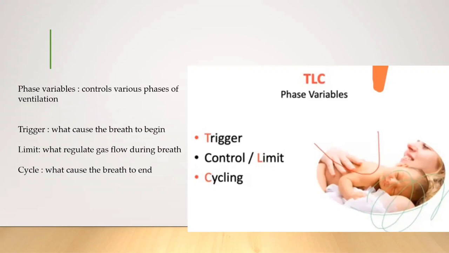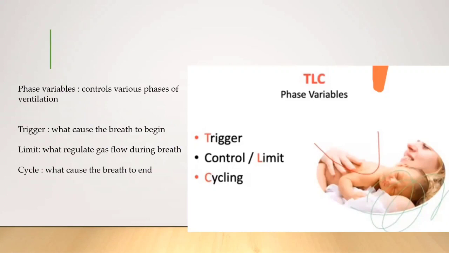Same in volume controlled ventilation, VCV. Volume is set, pressure is variable. The problem is barotrauma. The ventilator has to give the set tidal volume. So pressure may increase, that may cause high PIP.